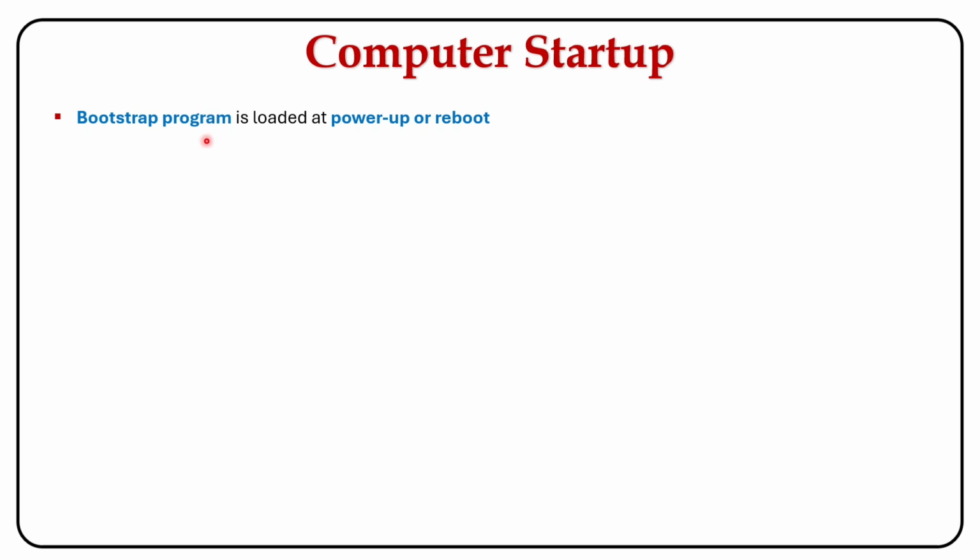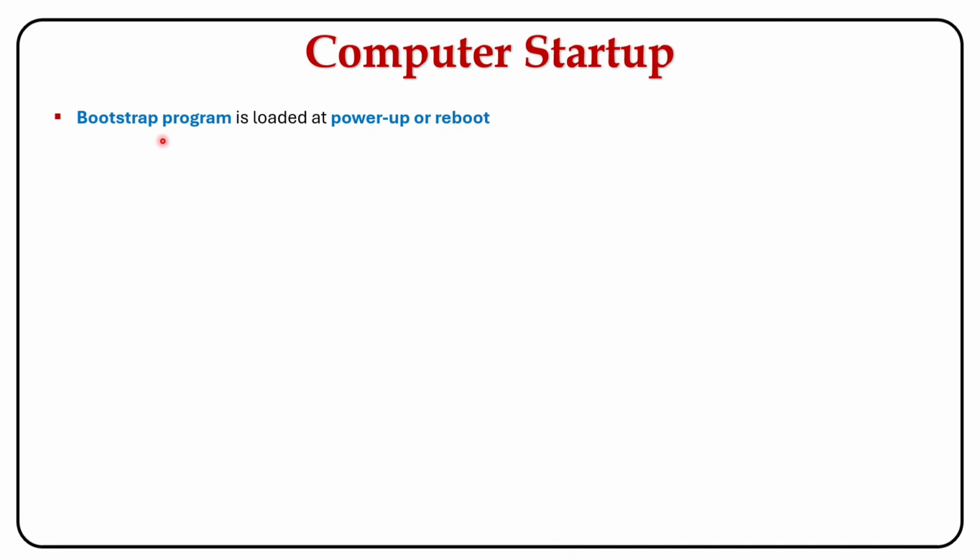Whenever you press the power button or restart the computer, the operating system is not yet loaded into the memory. So the computer first executes a small program called the bootstrap program. This program is responsible for starting the entire computer system. Where is the bootstrap program stored?